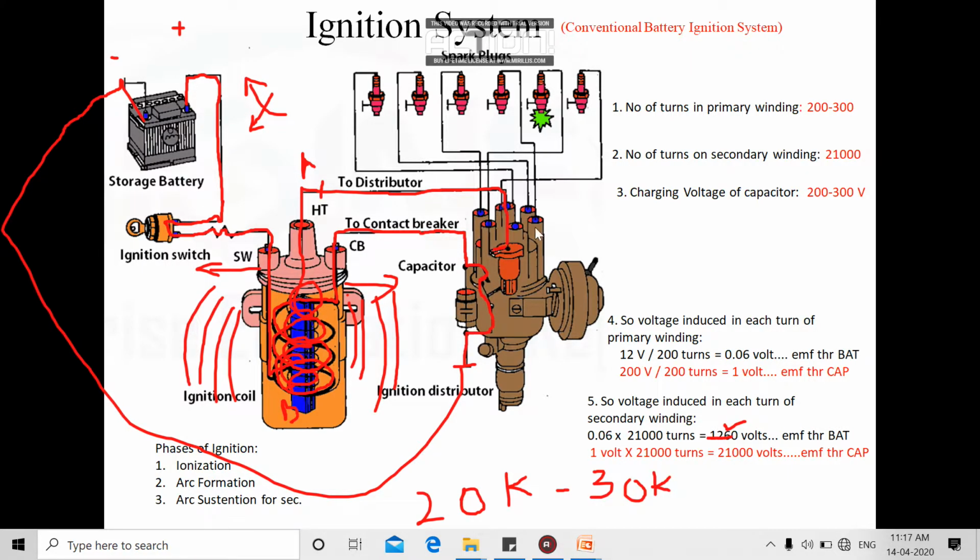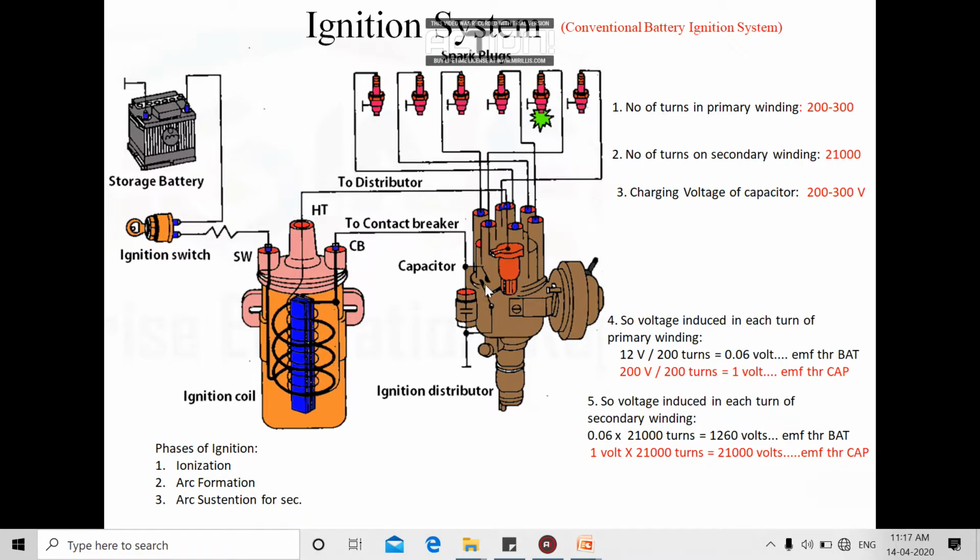Okay, now we will see what happens when the contact breaks.